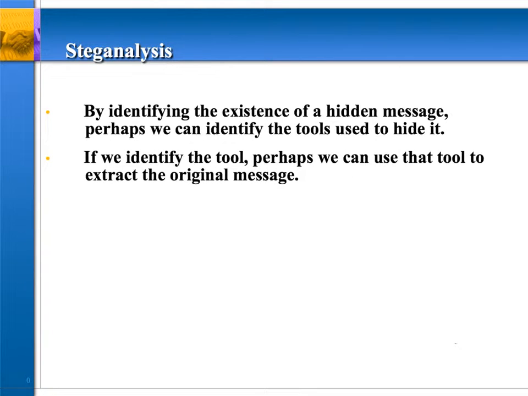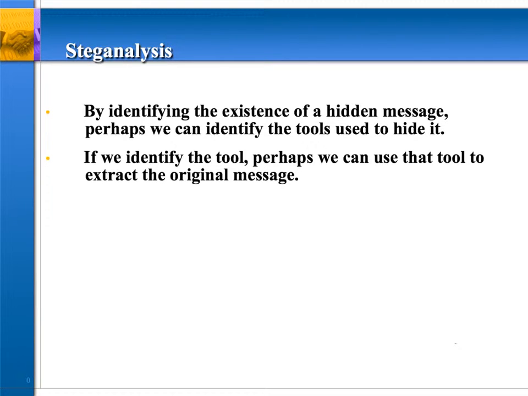By identifying the existence of a hidden message, we can possibly identify tools also, because all the tools leave some trace of creation. What I mean by that is if you take a picture and edit it in Photoshop, with the right tools you can look at that saved Photoshop file and see in the header the word Photoshop, and generally the version of Photoshop that was used. So that's an example.